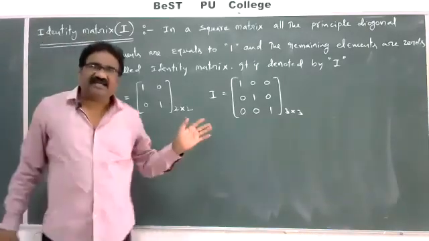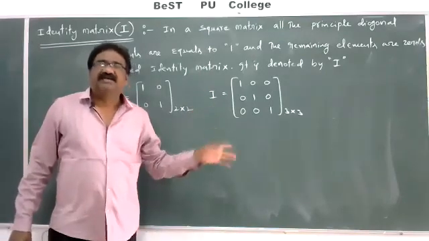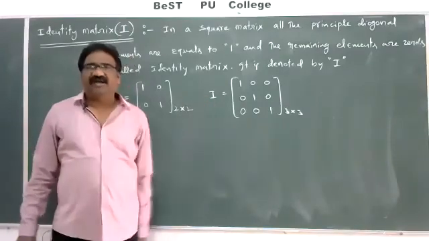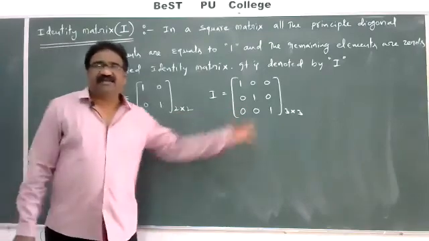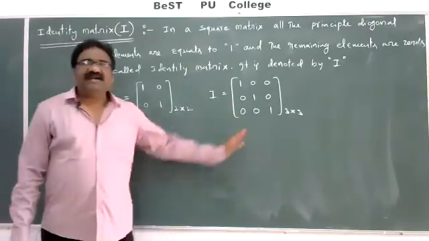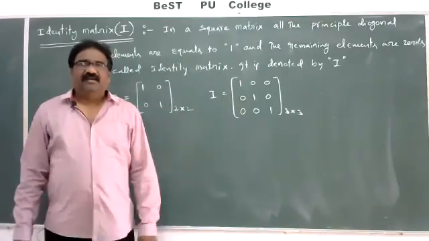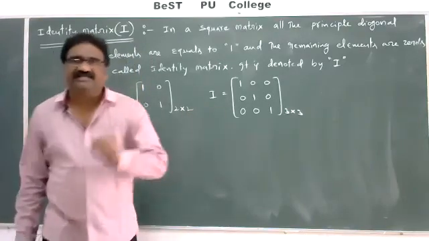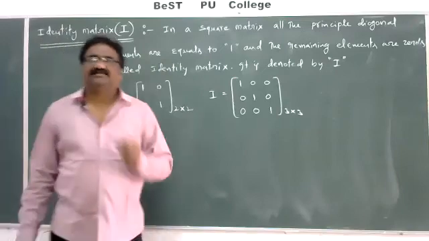In an identity matrix, all the elements are zeros except the principal diagonal elements, which are equal to 1. So every identity matrix is a diagonal matrix. Every identity matrix is a scalar matrix. But every diagonal matrix need not be an identity matrix, and every diagonal matrix need not be a scalar matrix.